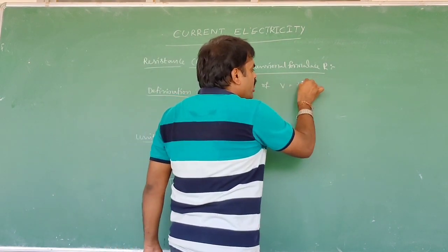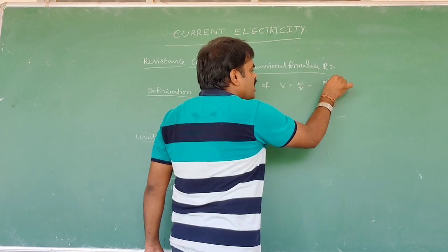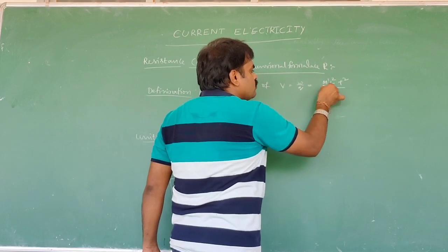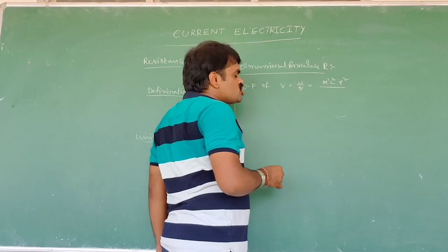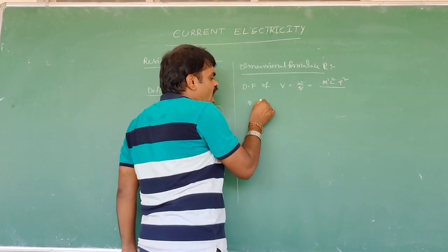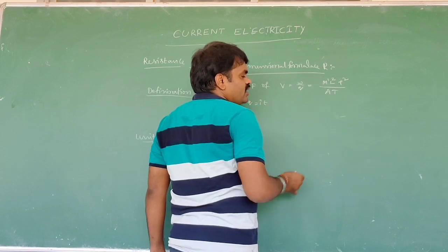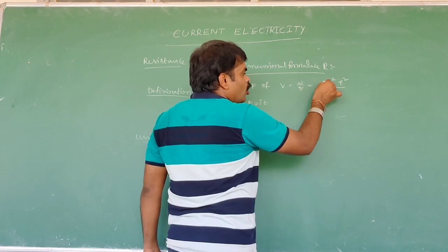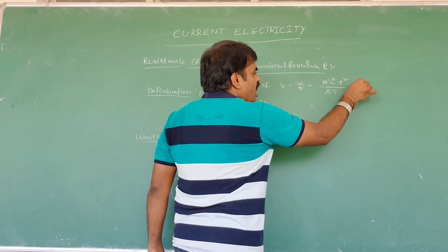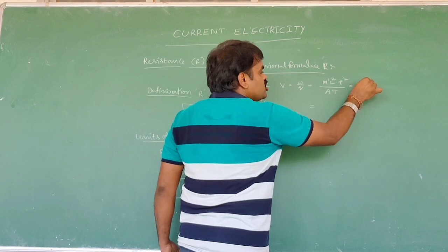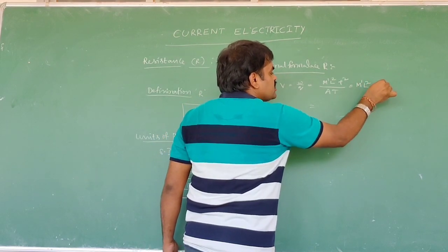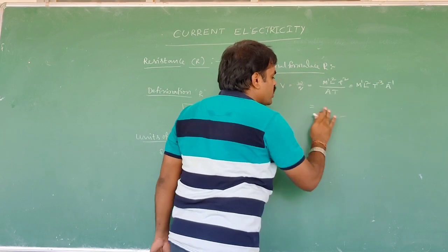Work dimensional formula is M power of 1 L square T power of minus 2, divided by charge. Charge Q is equal to I into T, ampere into time, that is AT. Now the potential dimensional formula is M power of 1 L square T power of minus 3 A power of minus 1.